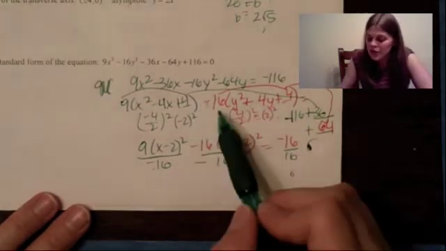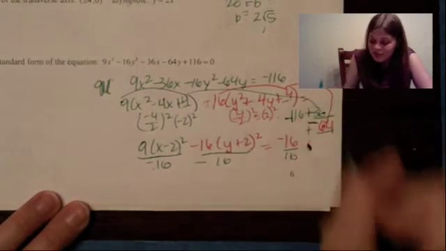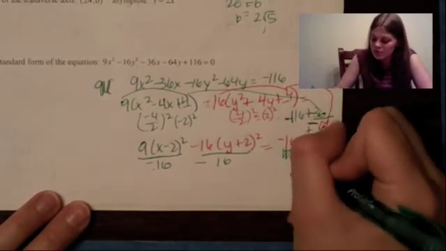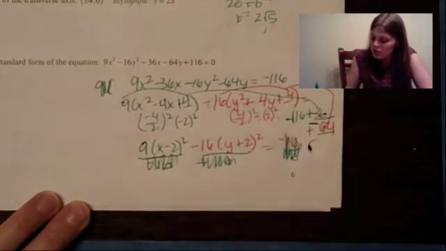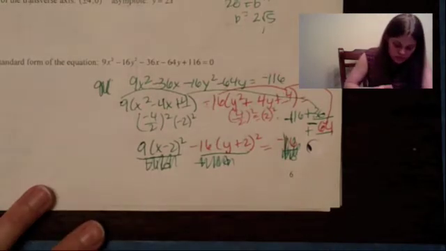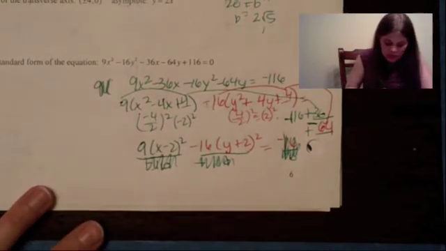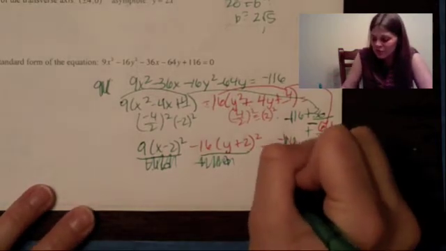Oh, here it is. Negative 16 times 4 is a negative 64. There we go, that's what my problem is. Sorry, it's super late. Not that that's a great excuse, but it does happen. Negative 116 plus 36 minus your 64 gives you negative 144.